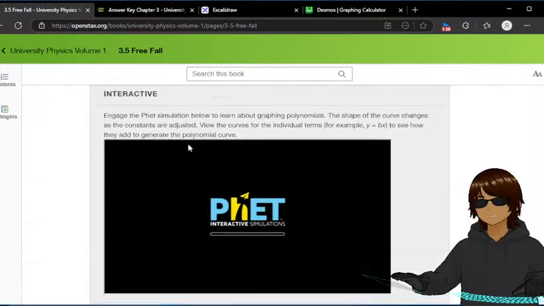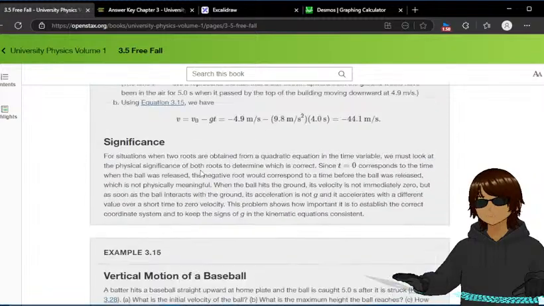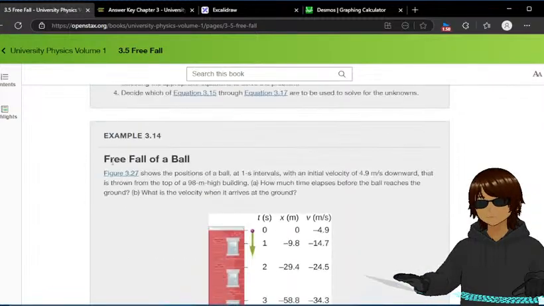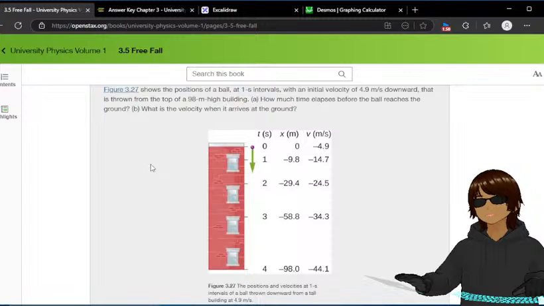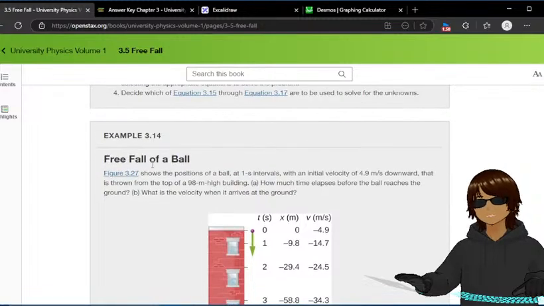These are all questions, I'll just do one of them. Figure 3.27 shows the positions of a ball at 1 second intervals with an initial velocity of 4.9 meters per second downwards that is thrown from the top of a 98-meter high building.